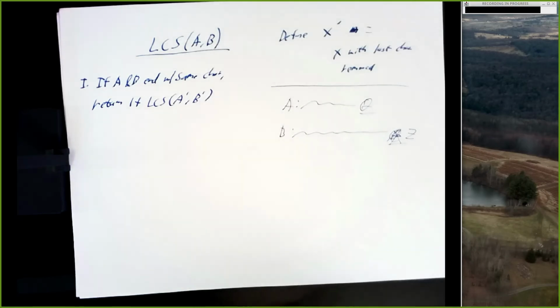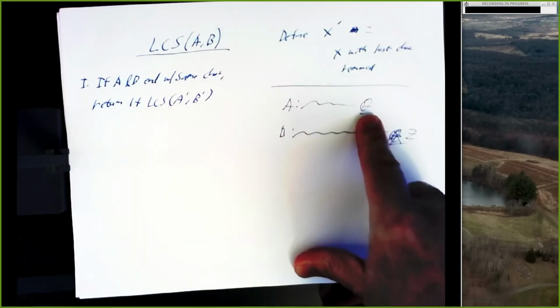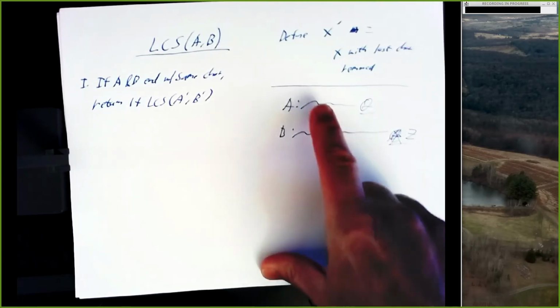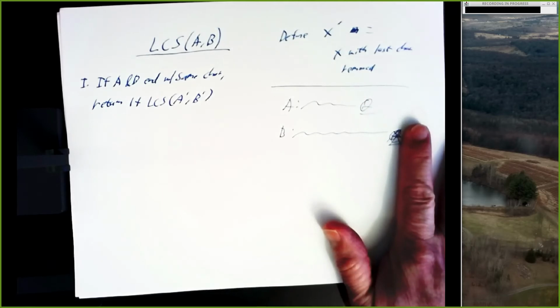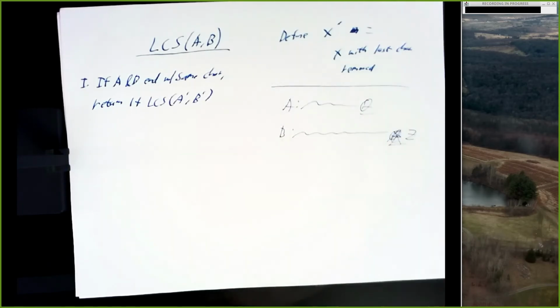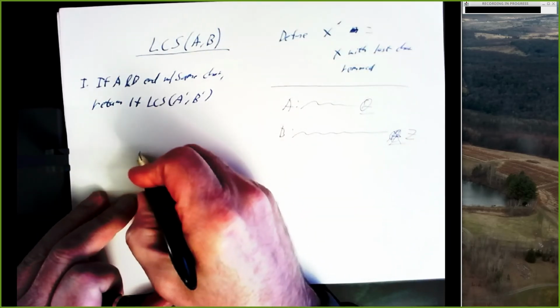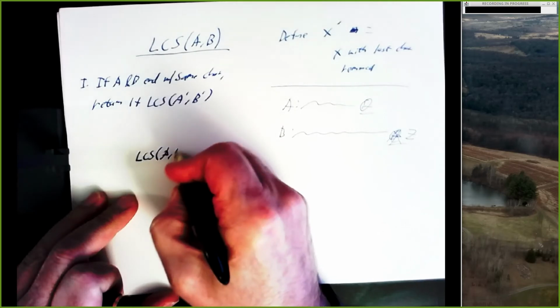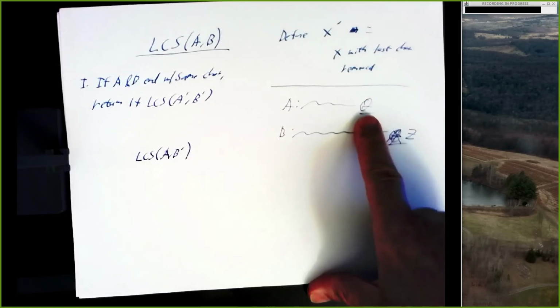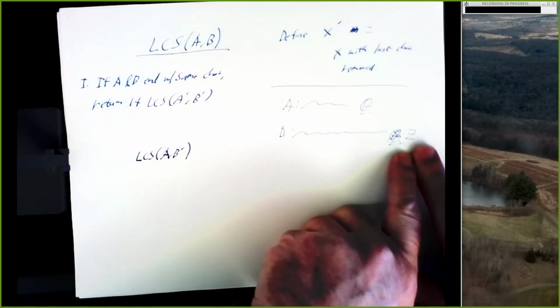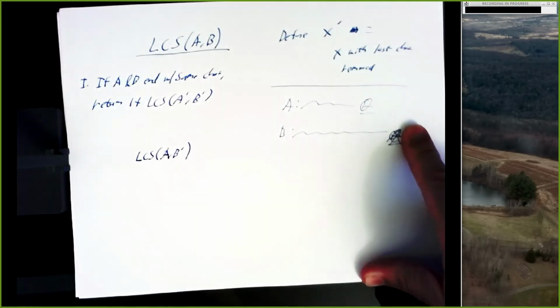If the longest common subsequence between these ends with a Q, then the longest common subsequence of A and B will also be the longest common subsequence of A and truncated B. So if the LCS of A and B ends with a Q, all we have to do is calculate the longest common subsequence of A and truncated B. It's going to be the same because if the longest common subsequence ends with a Q, it does not end with a Z. And so taking off that last character doesn't affect the longest common subsequence.